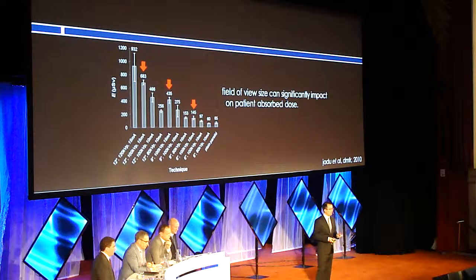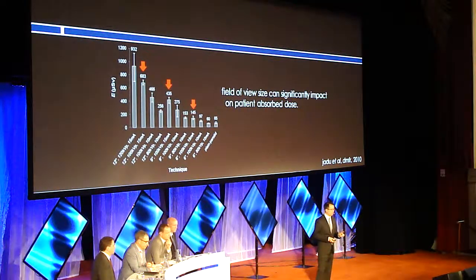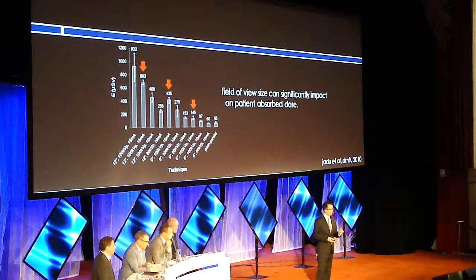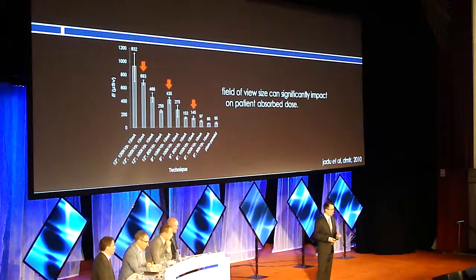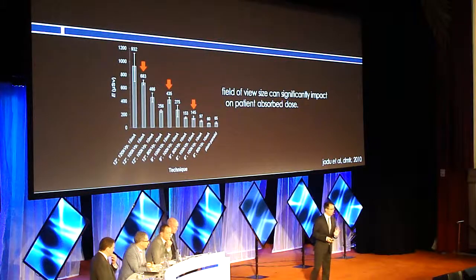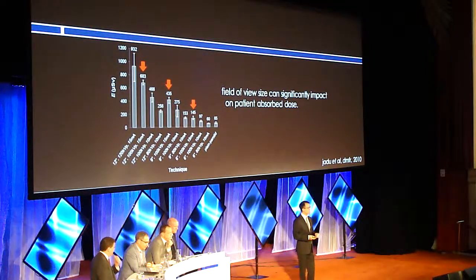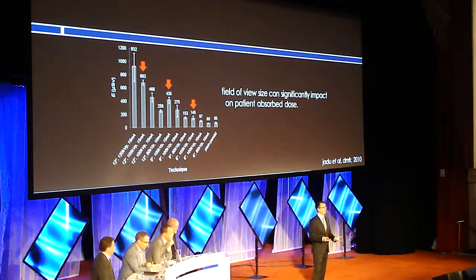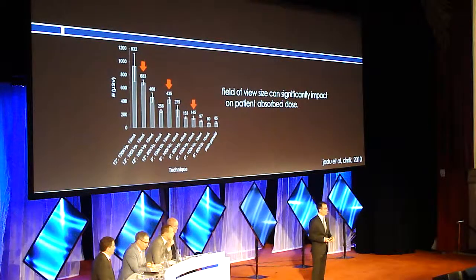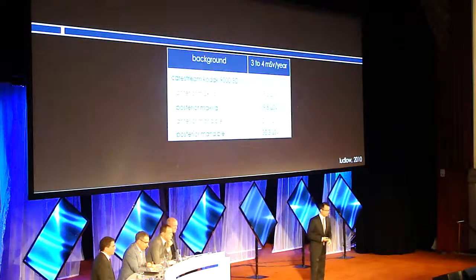But if you choose a 9-inch field, that dose drops to just about 400. And if you go down to a 6-inch field, the dose drops to 145 microsieverts. So field of view size makes a big difference in the amount of radiation your patient receives.